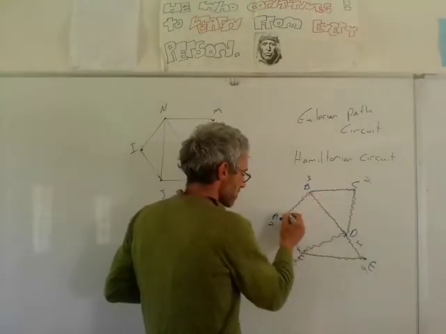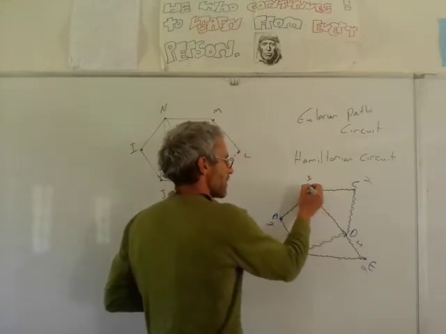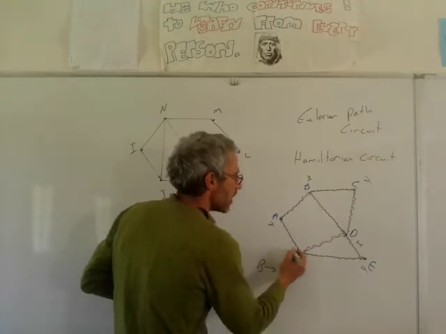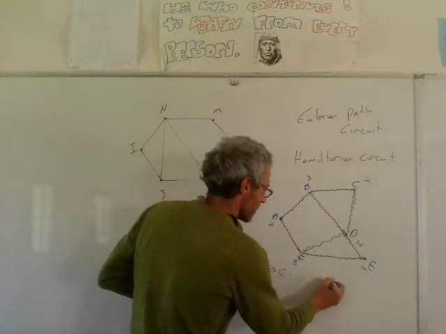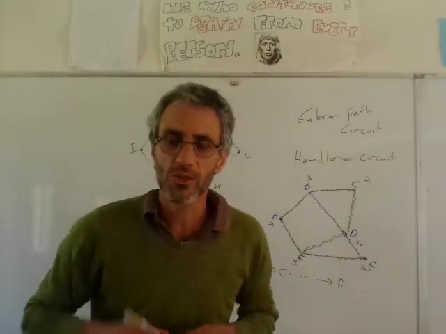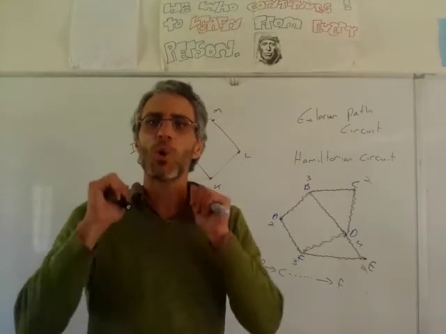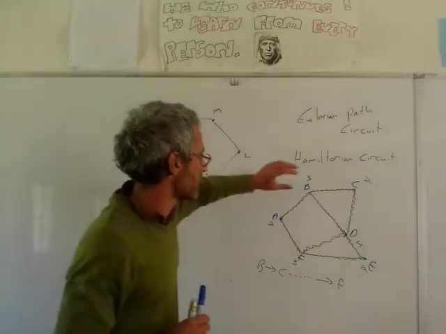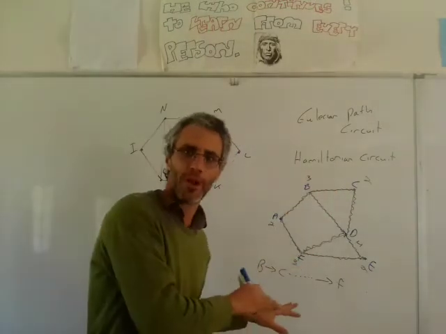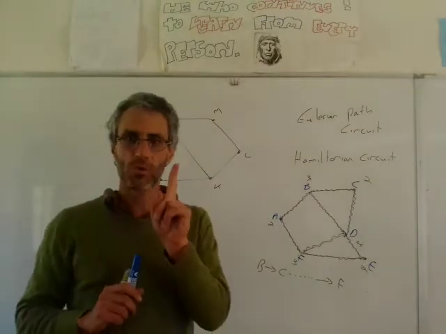To A, and then I go to F. So I started at B and I ended up at F. I went to B, I went to C, and so on, and I ended up eventually at F. So it's certainly not a circuit, because I didn't start and end in the same place, but it is still Eulerian. It's an Eulerian path. I went from one point, went through all the edges, and ended up at a different vertex, but I covered all the edges once and only once.